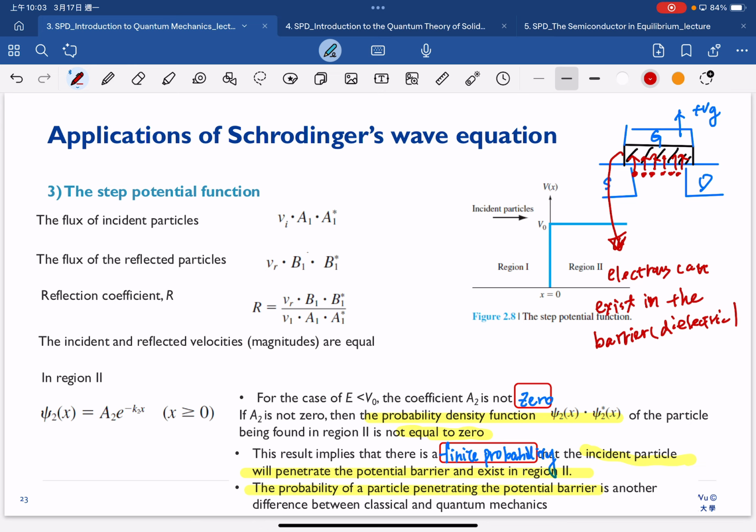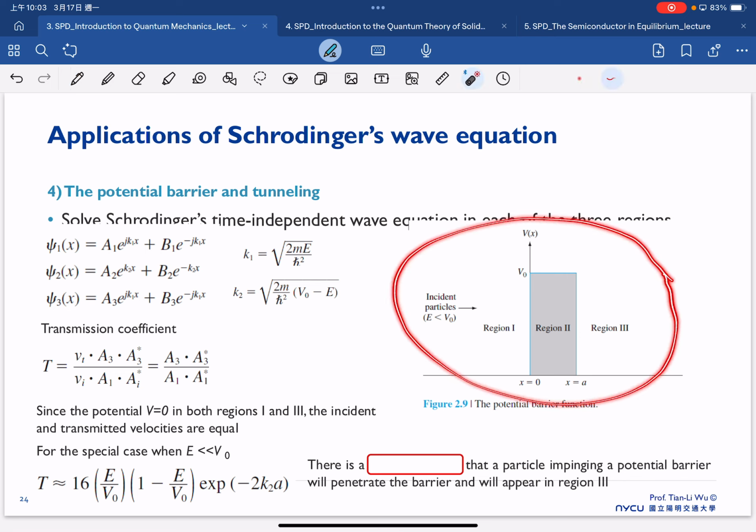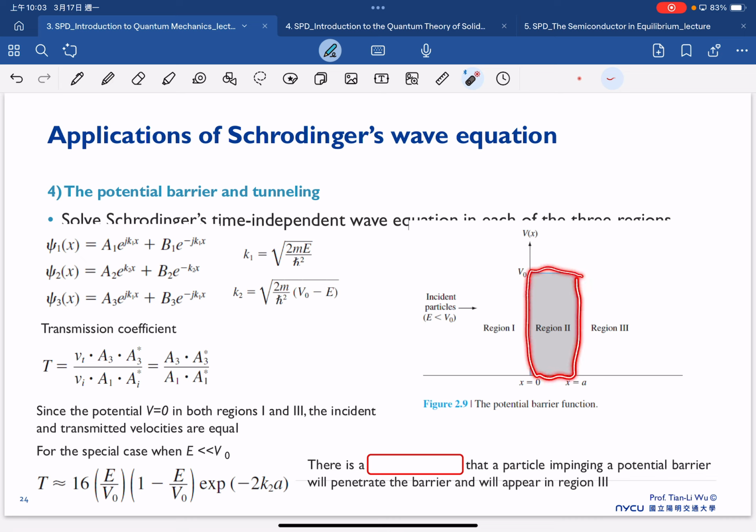Okay, so let's move to the last case. In the last case, we consider that there is a potential barrier. It's basically a combination of all the previous three cases, but now we consider that there is a potential barrier only in the region of x equal to 0 to x equal to a.